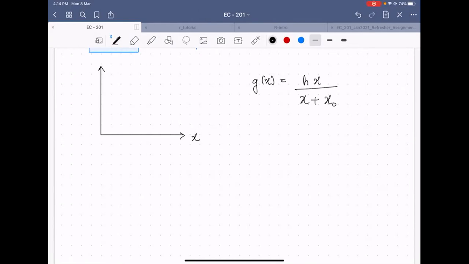You should find the domain and range of the function. Okay, what would be the domain of this function? All values of r minus this x plus x naught becomes 0.